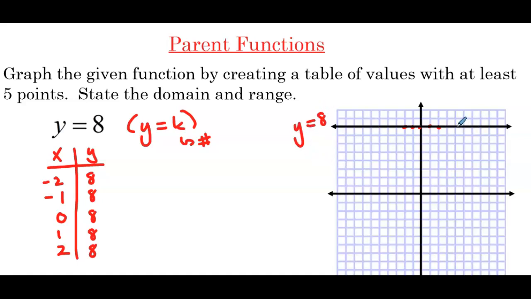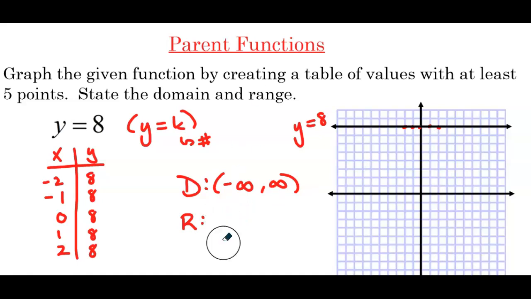And it's the horizontal line that we could have drawn directly from the equation. The domain of our function, well, we can plug every x value in, so that's all reals. In interval notation, we'll go -infinity to +infinity. The range, well, the only y value on the graph is 8, so we'll use our curly brackets.